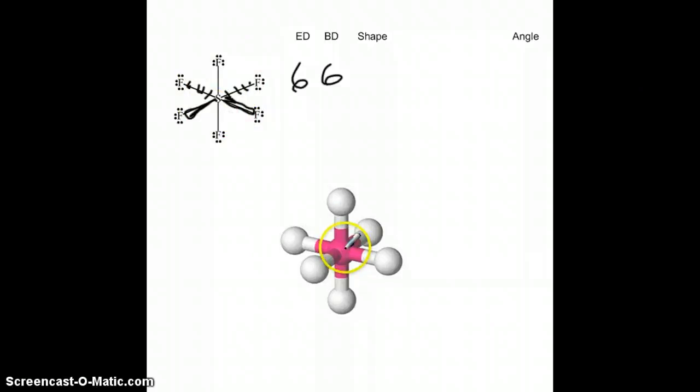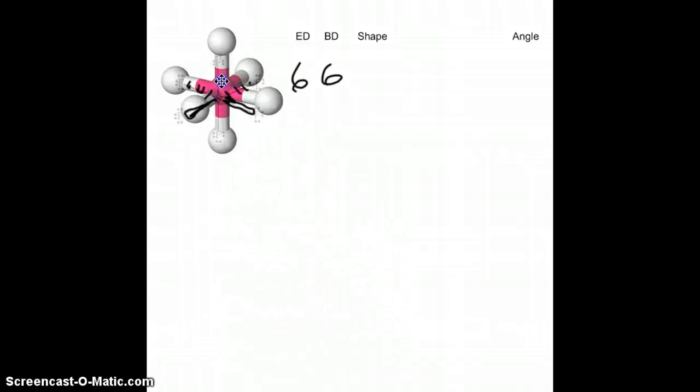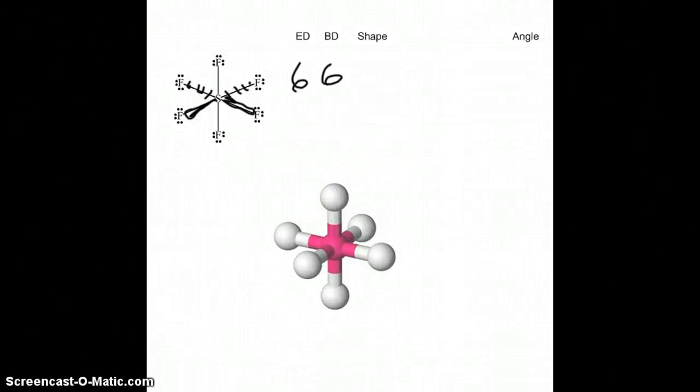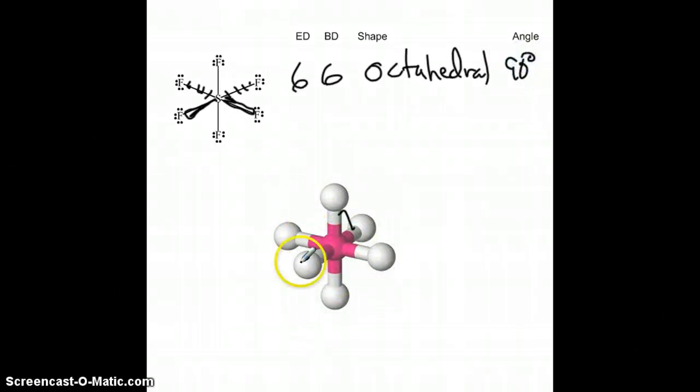So this molecule is called octahedral, and you'll notice that the bond angle is going to be 90 degrees no matter what you do. How you manipulate this, all the bond angles there are going to be 90 degrees.